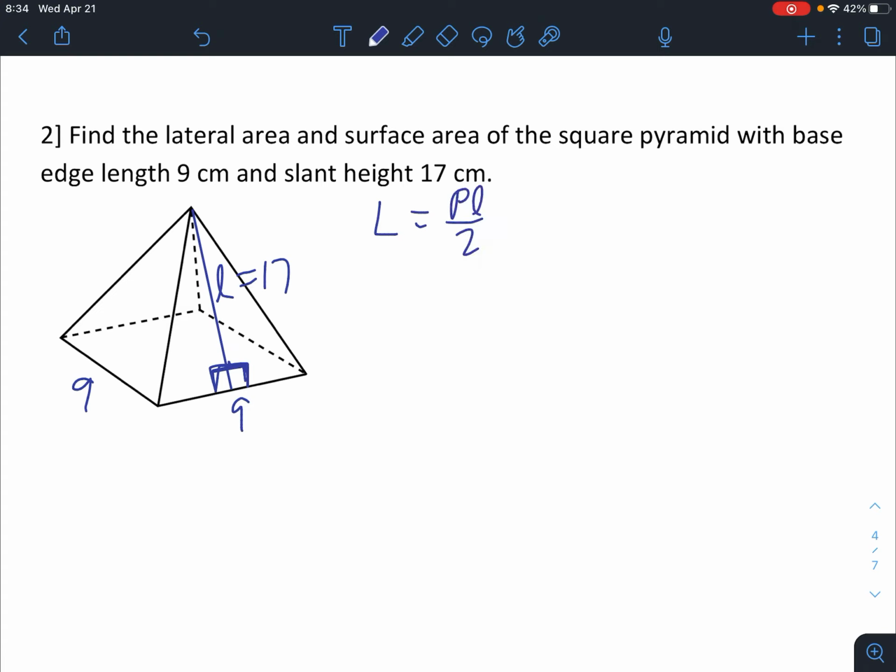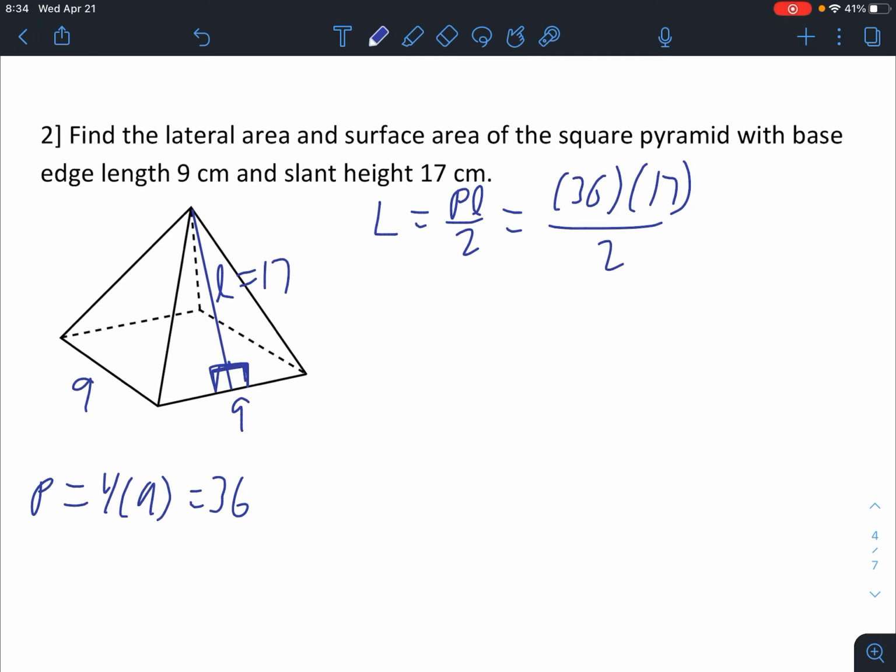The perimeter of the base is just 9 plus 9 plus 9 plus 9, or 4 times 9, which is 36. So that'd be 36 times the slant height 17 over 2. And if we type that into our calculators, we should get that our lateral area is 306 square centimeters.